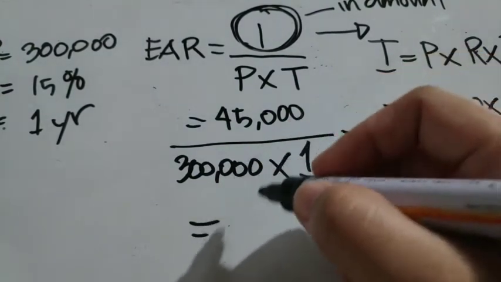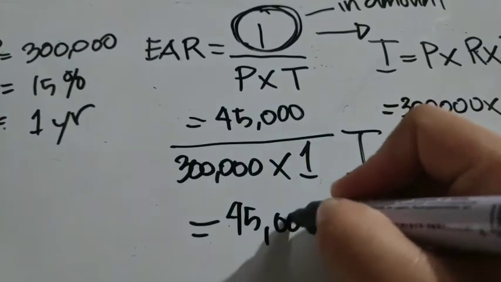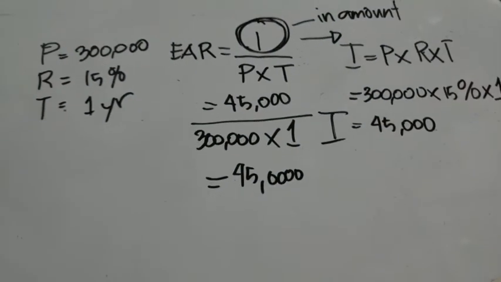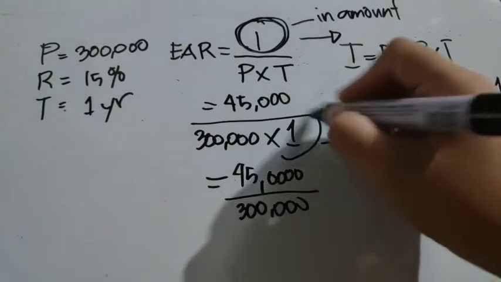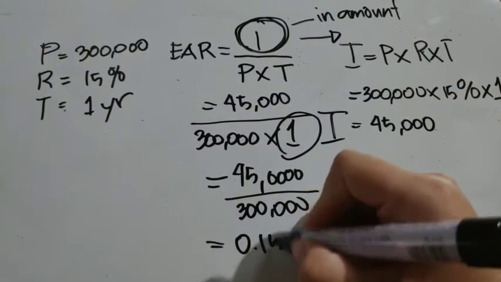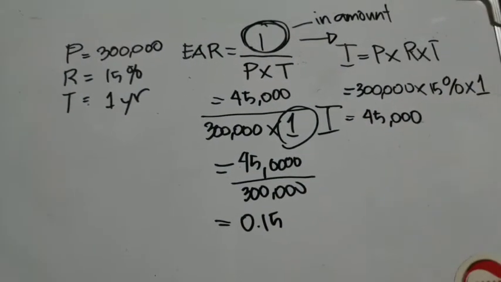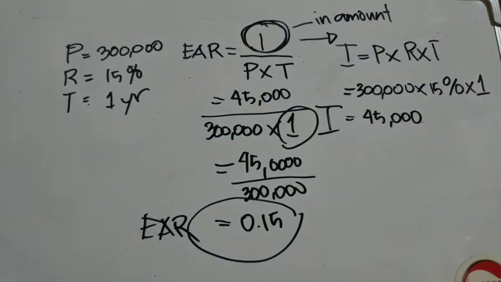First you operate 300,000 times 1, so it is 45,000 over 300,000, because times 1 makes no difference. You will get the answer 0.15. So this will be your EAR, the effective annual interest rate of this problem.